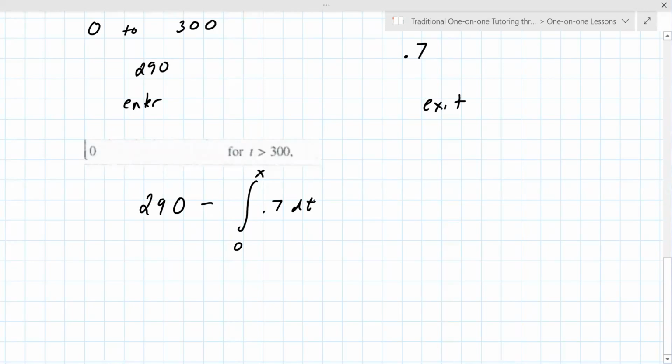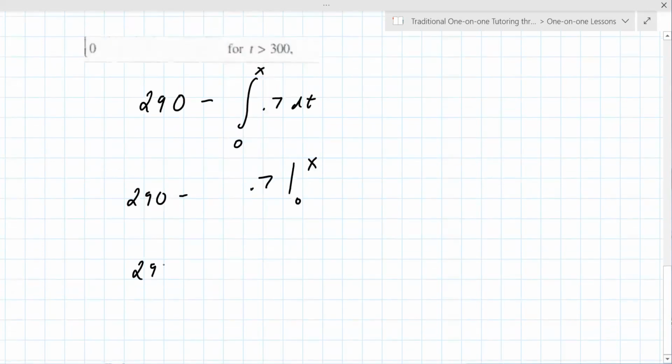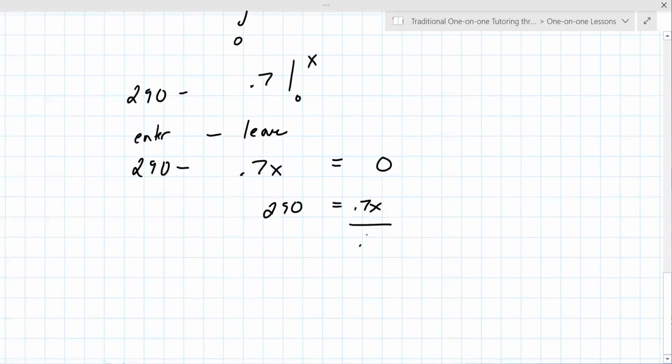You find your antiderivative, which is 0.7, and evaluate it from 0 to x, so it becomes 290 minus 0.7x. This is supposed to equal 0 because these are the people entering minus the people leaving. So you solve for x in the usual way, and you get some value.